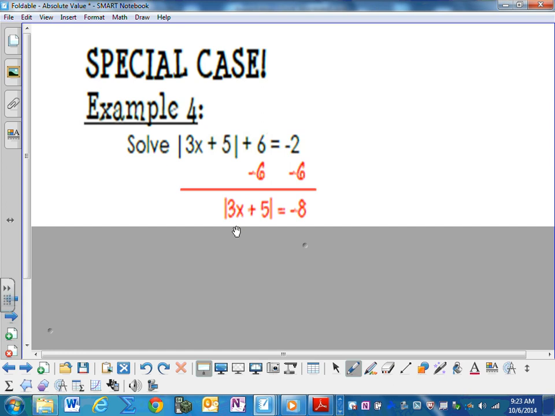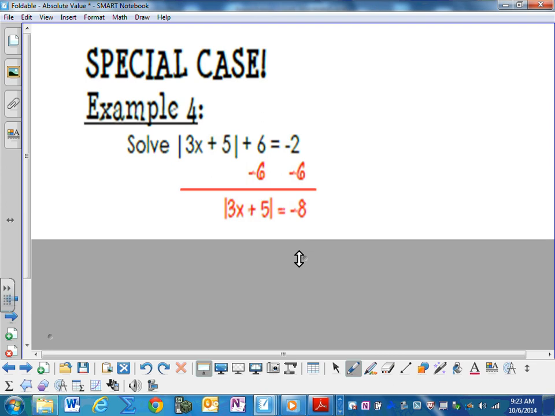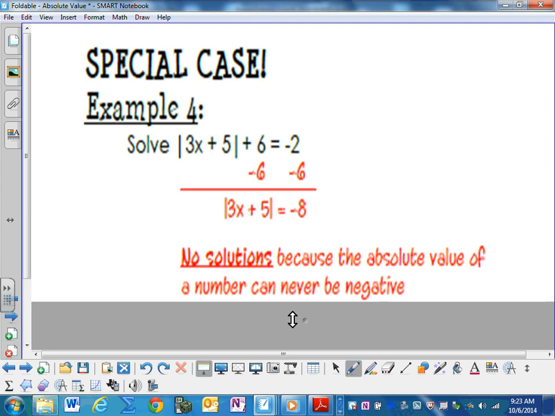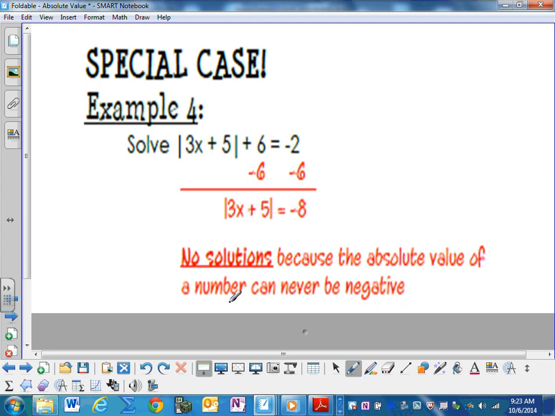And that leaves us the absolute value of 3x plus 5 is equal to negative 8. Well, once we take an absolute value here, it will never be a negative number. So there's no solution here. And it's because the absolute value of a number can never be negative.